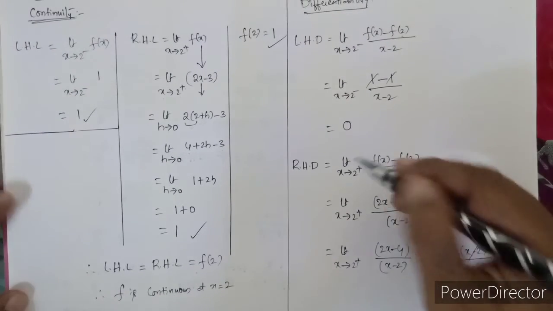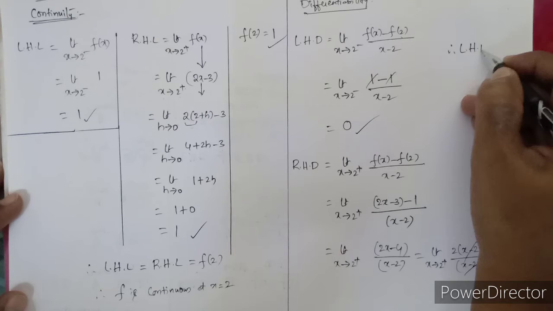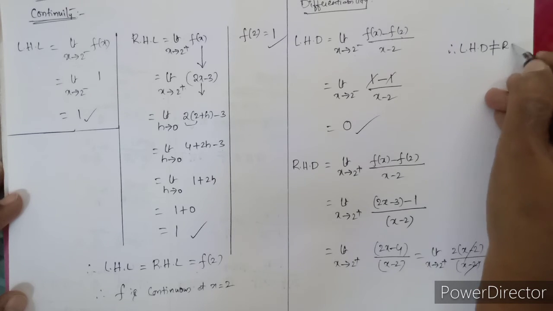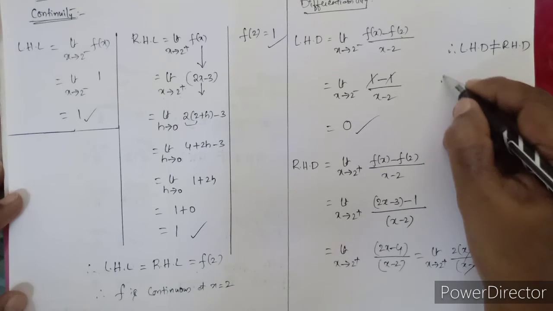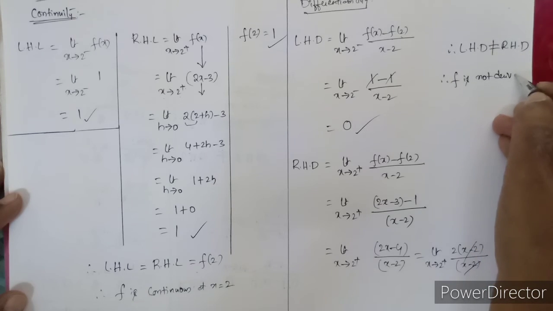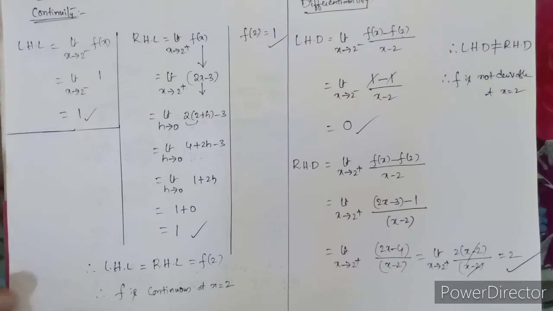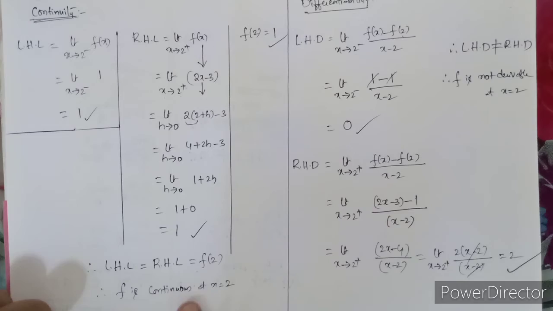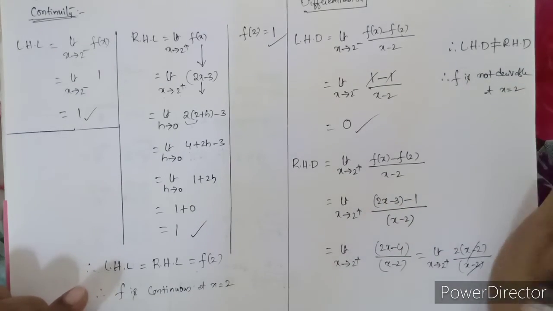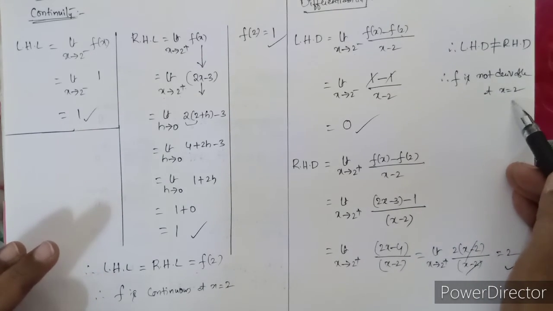Left-handed derivative of f at 2 is 0. Therefore, the left-handed derivative is not equal to the right-handed derivative. Therefore, f is not derivable at x is equal to 2. This same function is continuous at x is equal to 2. Similarly, we have shown derivability also here. F is not derivable at x is equal to 2.